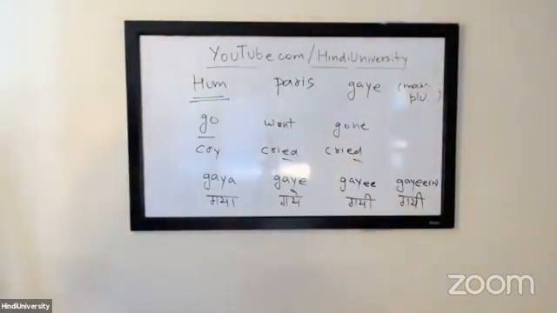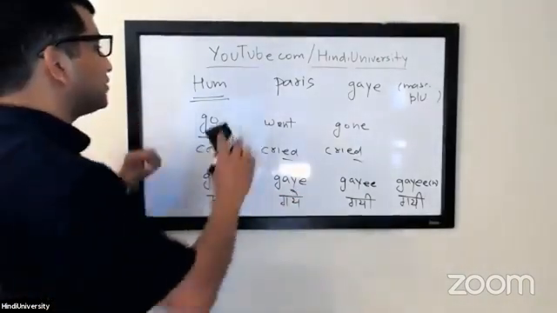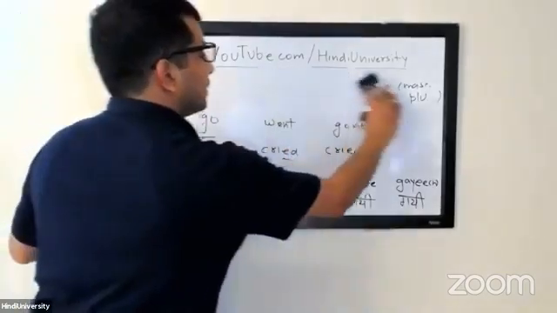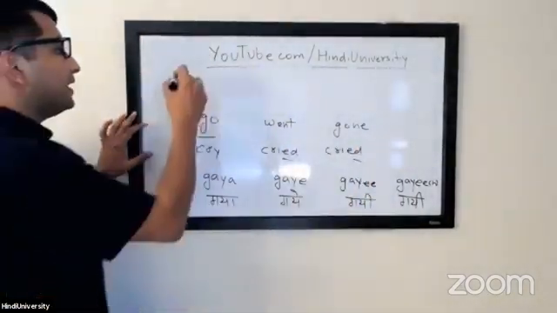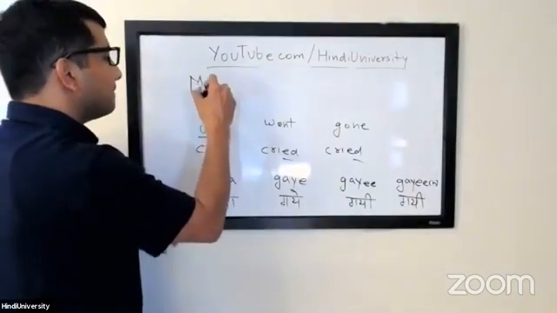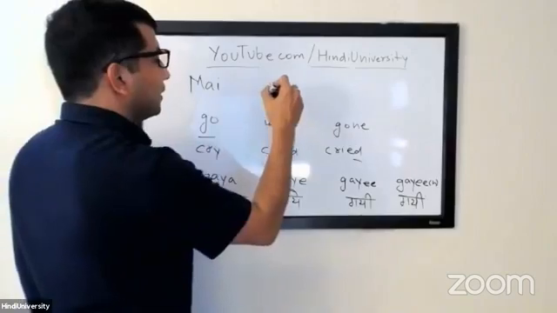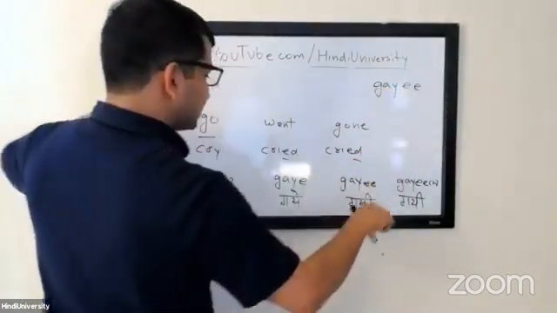Now let's change it to gai. For feminine singular, let's say you want to say, I didn't go anywhere. For a girl, you can say मैं गई, which is like I went.